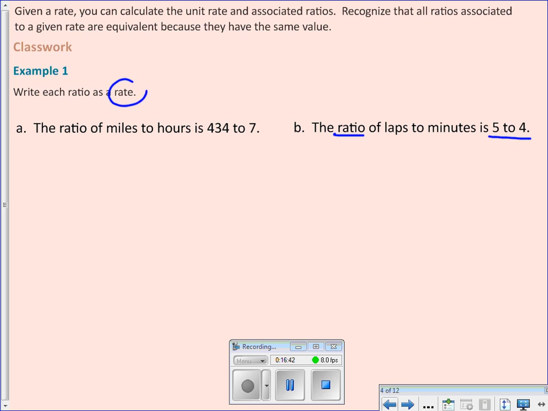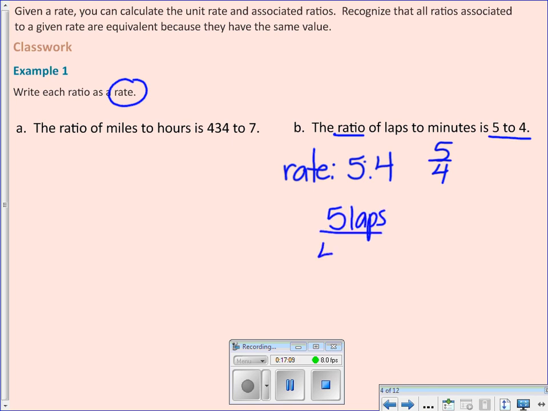Well, first we have to write that as a rate. So how would we do that as a rate? The rate is another word for ratio. So the rate is 5 to 4. You might also see it as 5 laps per 4 minutes.